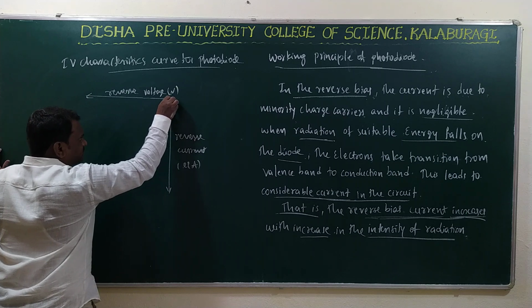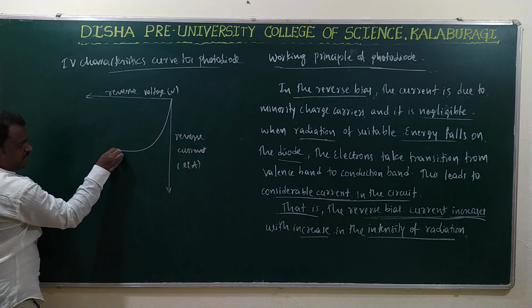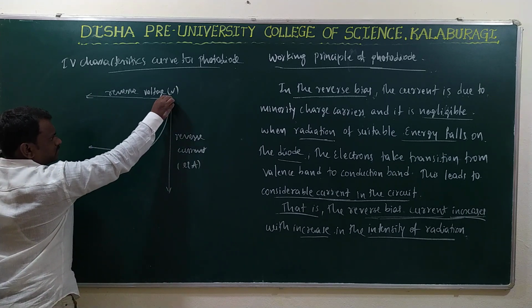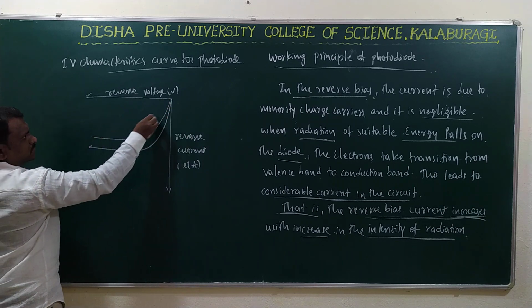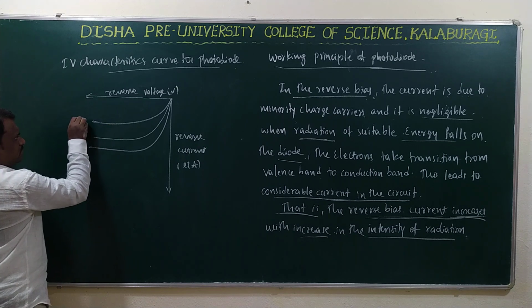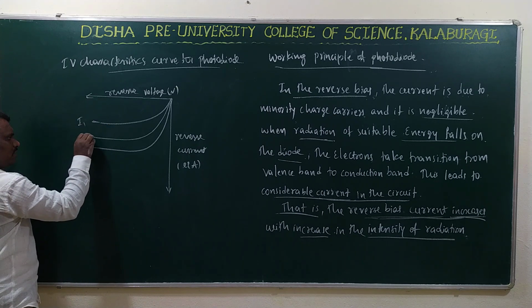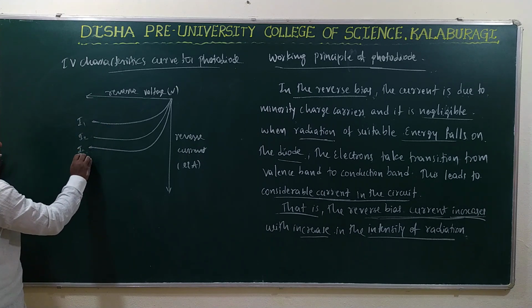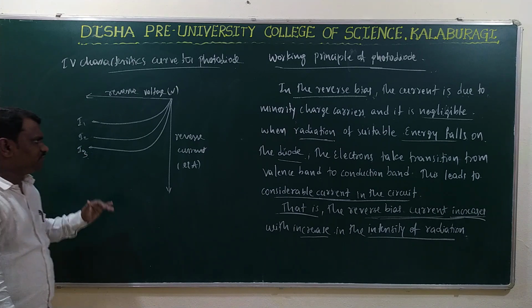The graph makes the curves, right? Here the curves have intensities I1, I2 and I3. These are the three curves.